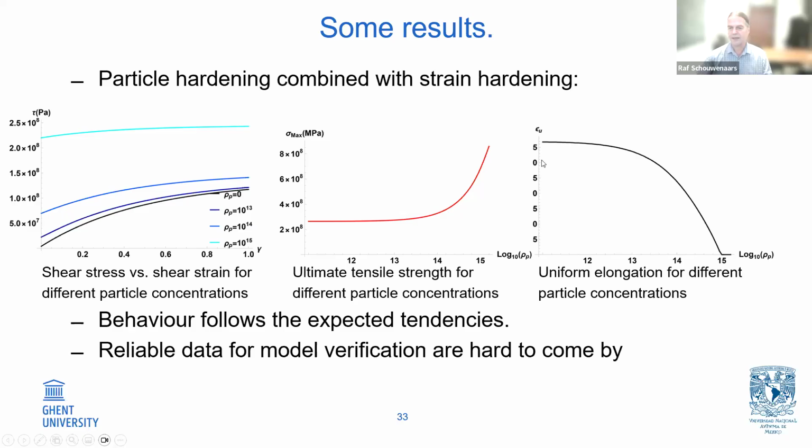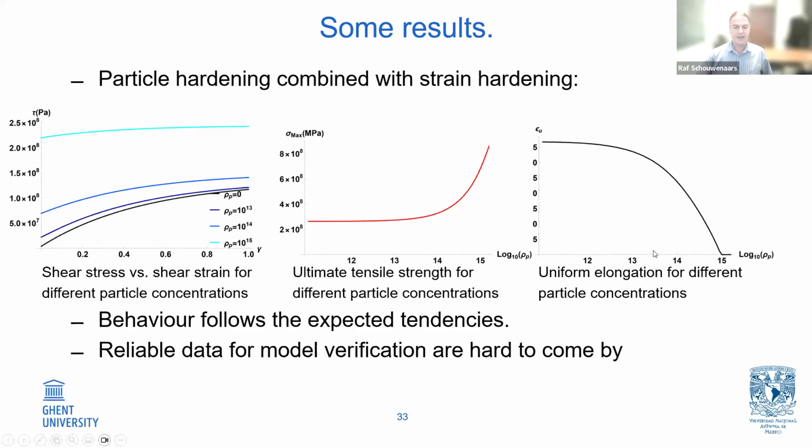And we see also the uniform elongation, so I recalculated from these curves, gamma tau in logarithmic strains, I recalculated the engineering strains and stresses, and you find effectively the big loss in ductility, which is always observed if the particle density becomes too high.